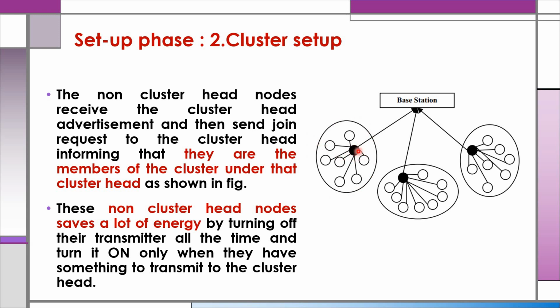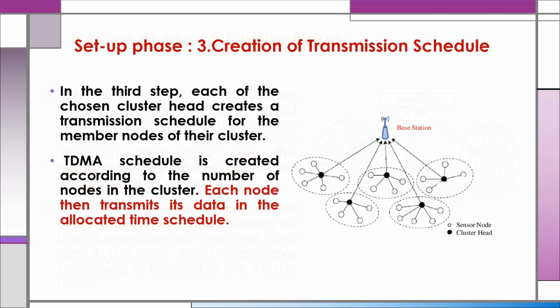Then, based on that request from the cluster head, the member nodes or non-cluster head nodes give a response towards this cluster head to join together as a cluster for the data communication. That is called cluster setup. It will form clusters. That is the second step of the operation of the setup phase.